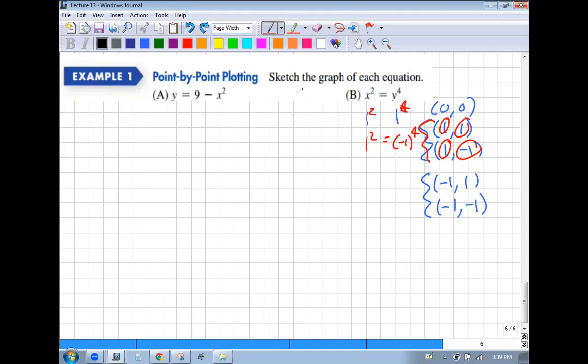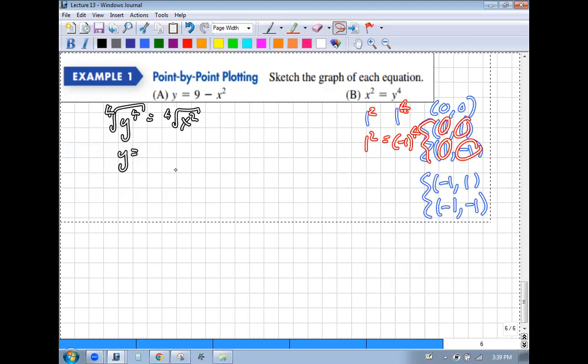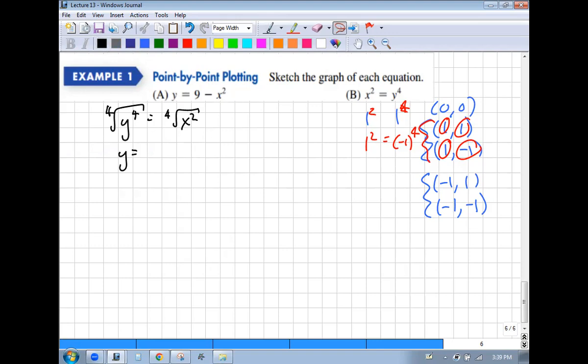So the goal here is, if they gave you something like that, you would try to get the Y by itself, right? So you would take the 4th root of both sides, right? So you would get Y equals, I don't know how to do this, it'd be complicated. Let's see, I know the square root of y squared is the absolute value of y. If I was going to manipulate this, this is the square root of the square root of y to the 4th, and y to the 4th is y squared squared.